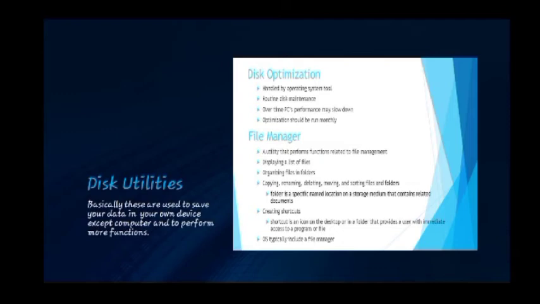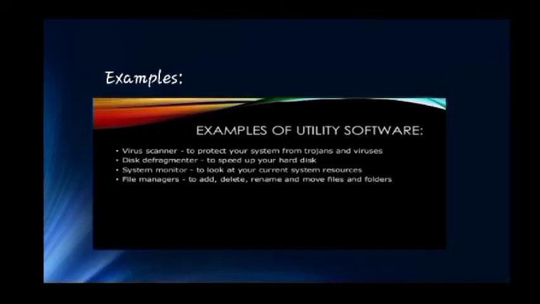Routine disk maintenance: over time a PC's performance may slow down. File manager, etc. Examples of utility software: virus scanner to protect your system from viruses and trojans, disk defragmenter to speed up your hard disk, system monitor to look at your current system resources, file manager to add, delete, rename and move files to another folder.